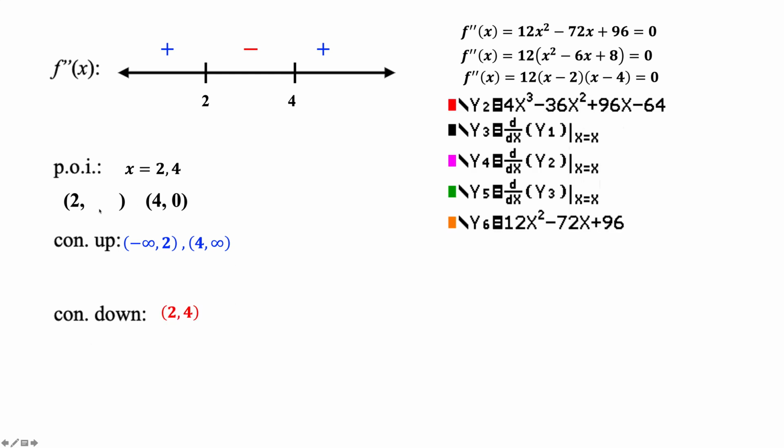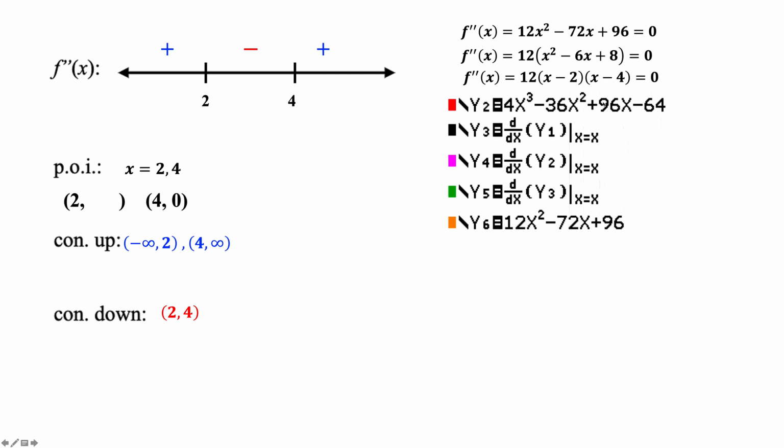So to find our y coordinate here, I did a variety of possibilities. Notice I don't have y1 listed here. It didn't fit on my window. But here are 3 different ways to find the second derivative. You could use the derivative functions that you have. You could take the derivative of y2.